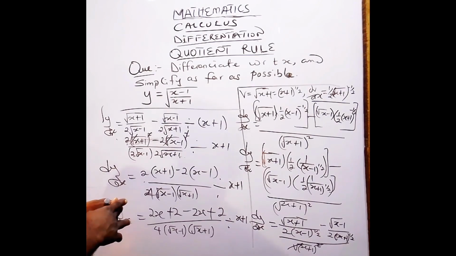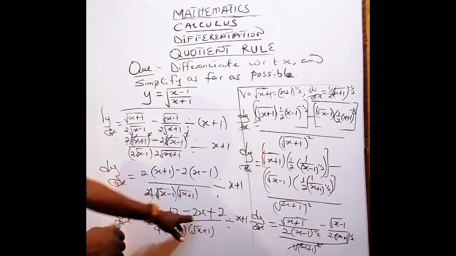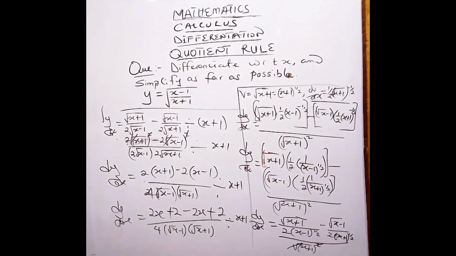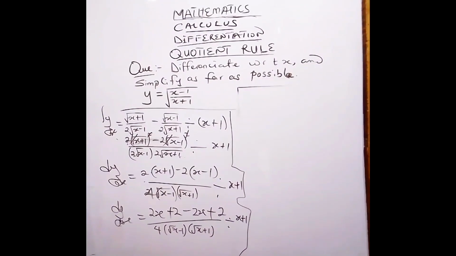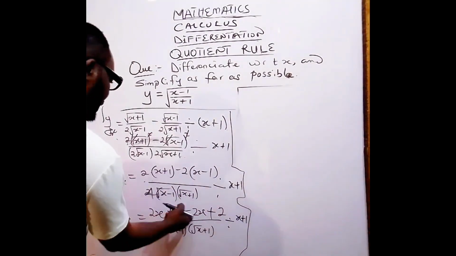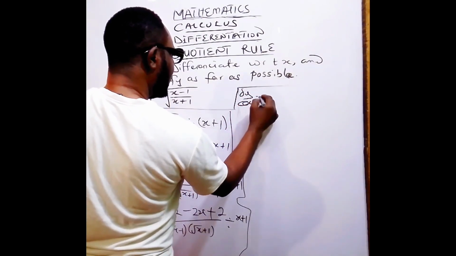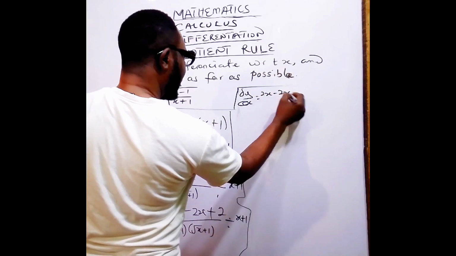So, we are going to have now this value, we collect the like terms now. We are having 2x minus 2x. So we have the y dx will be equal to 2x minus 2x.